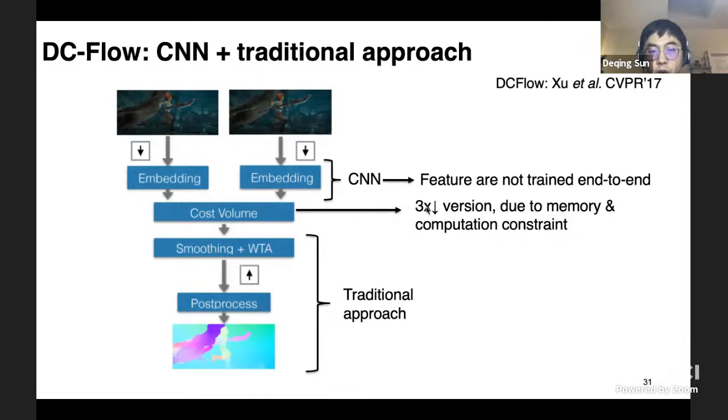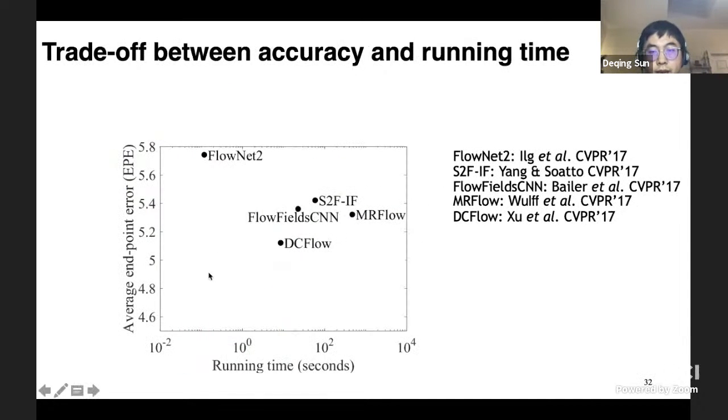If we compare the performance in terms of endpoint error on the Sintel benchmark, we can see the neural network-based approach is much faster, but the traditional approach is more accurate. It's usually hard to decrease the number, say, just by 0.2 pixels, so there is a moderate gap. The desired algorithm, of course, should be both fast and accurate.